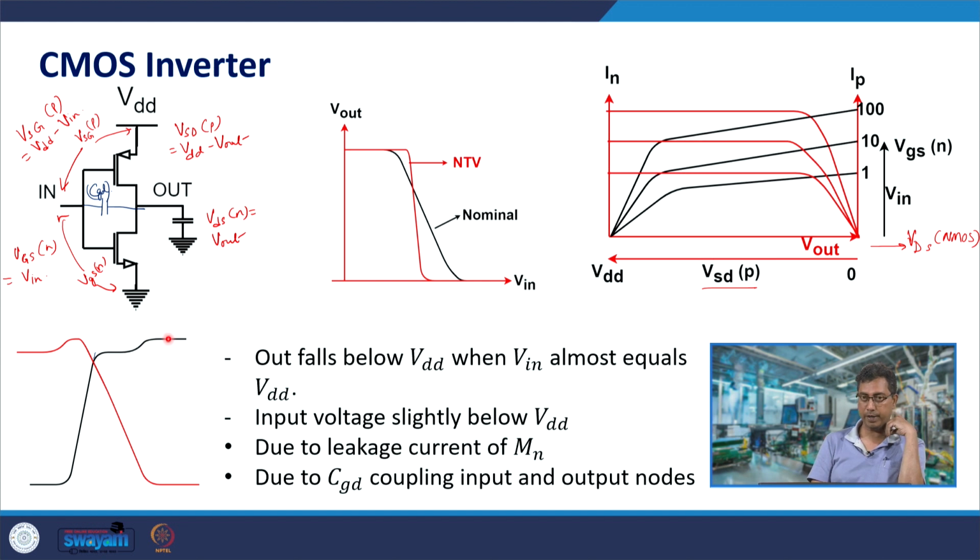The final value is again smaller than VDD, but it would remain at an even smaller value during the output transition. These kinds of effects are more prominent in the near threshold or sub threshold regime, though all of these effects are there in the super threshold regime too, but they are more important in near threshold or sub threshold. So, what do we mean by these static characteristics here?